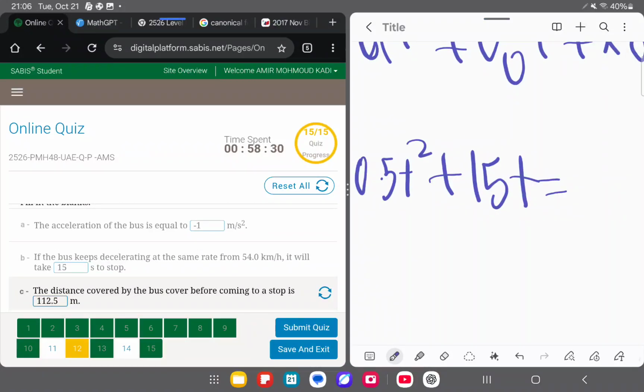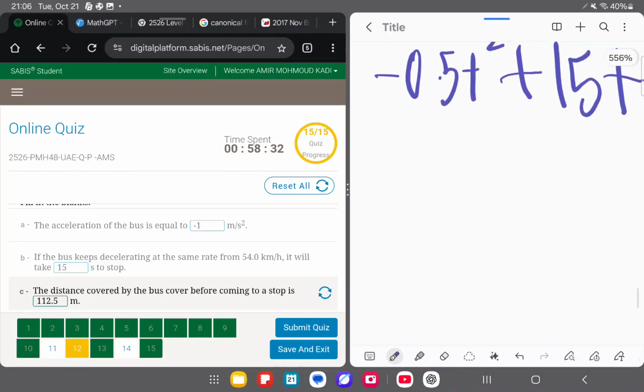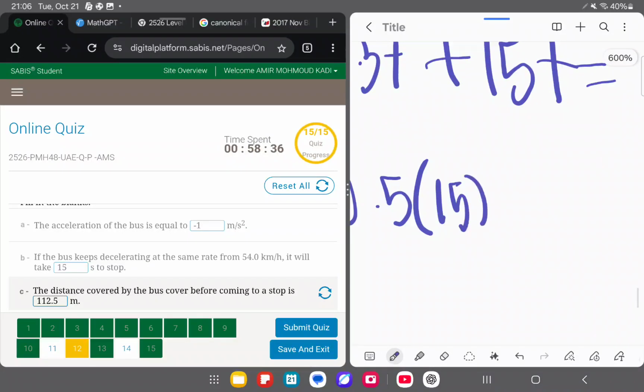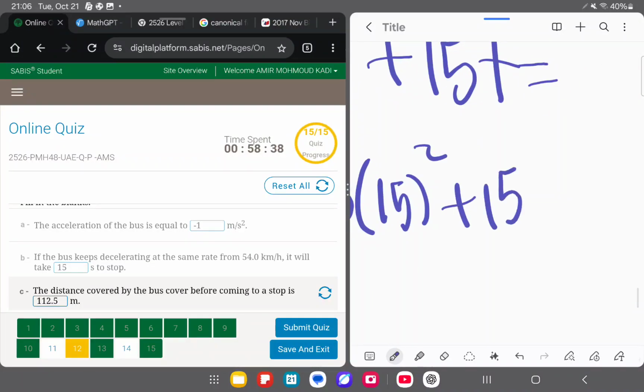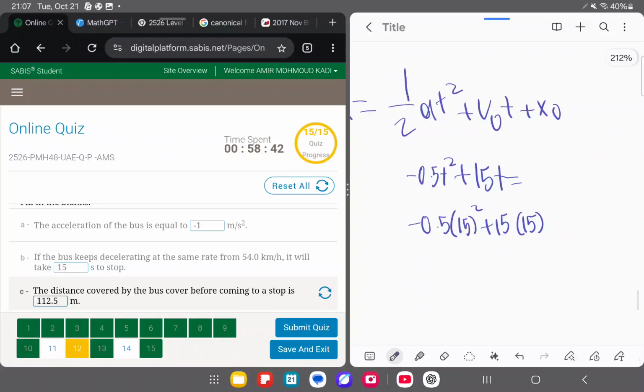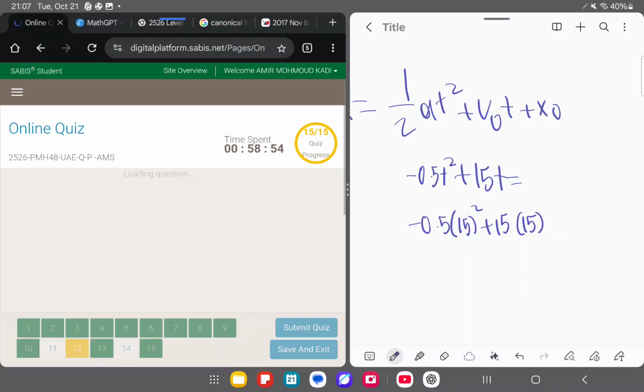We don't know what it's equal to, but we do know the time it takes to stop is 15, so we put 15 in here. I think I did some substitution wrong by accident. Very dumb mistake from me. Just give me 1 minute to substitute. I'm sure this is supposed to be 112.5.